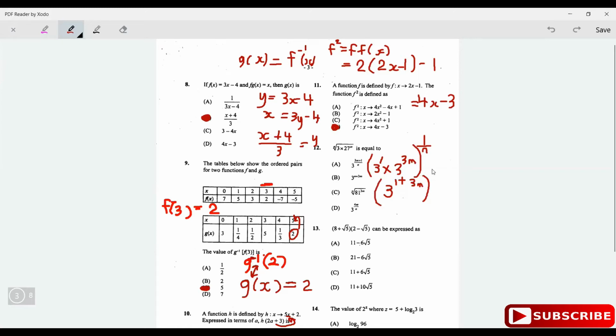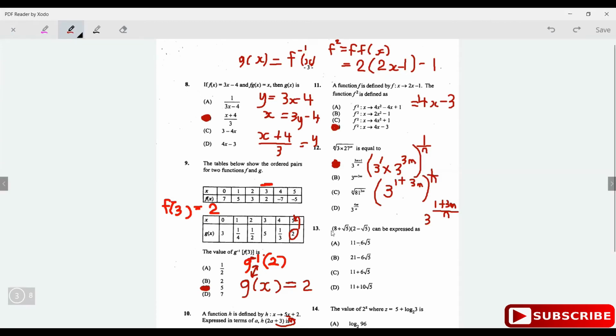And so all you have now is 3 to the (1 plus 3m) over n. That's it. That looks like option A. Nice and easy. So that's a simple indices question. All right, let's look at this question now.